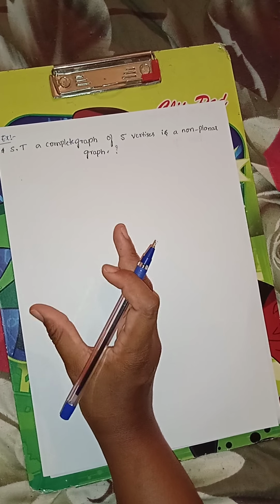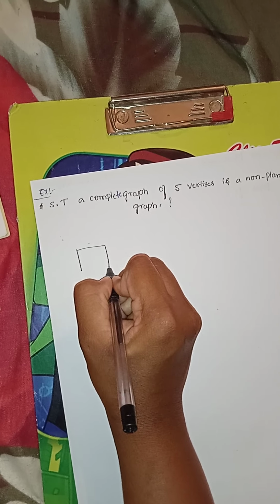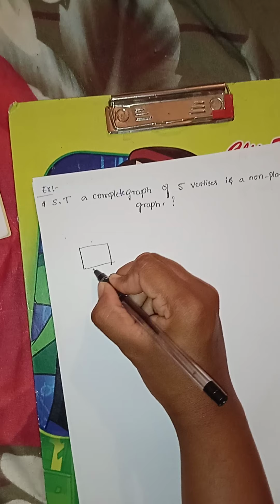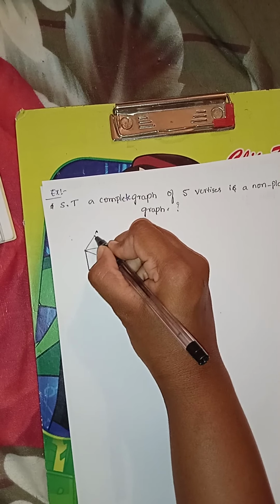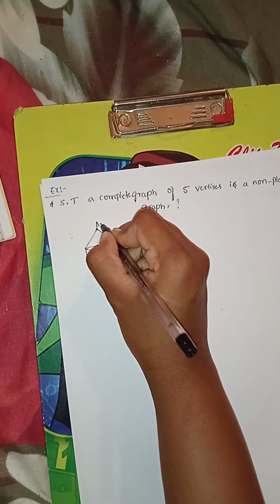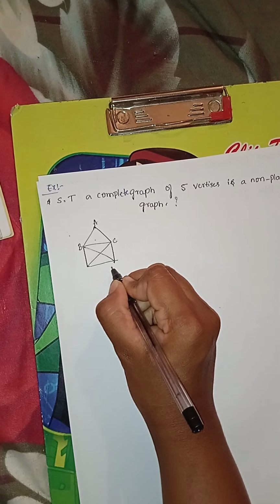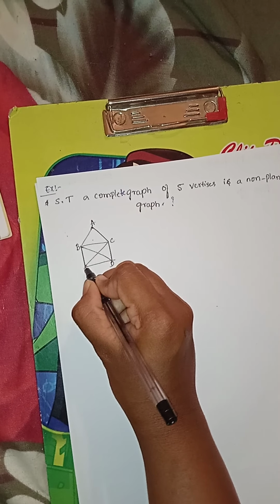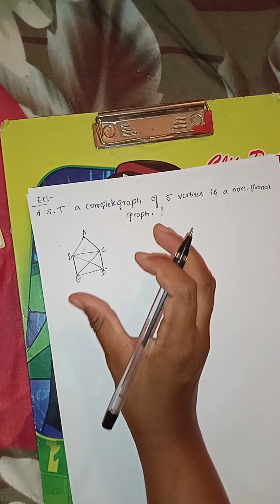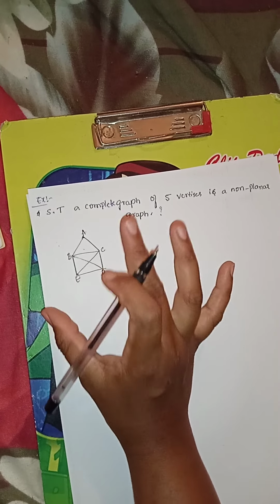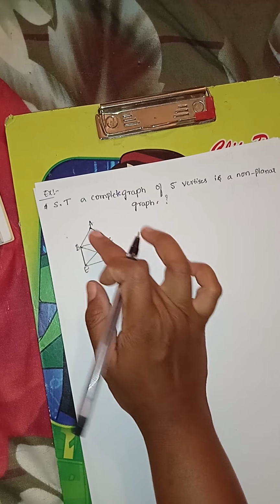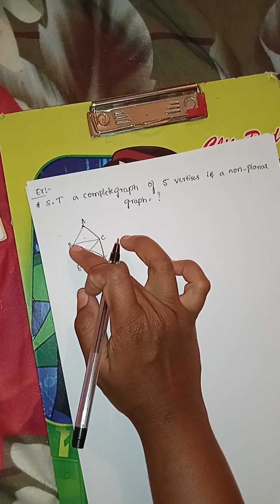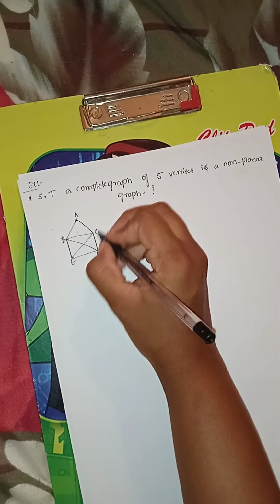Now we construct a graph with 5 vertices. This graph consists of 5 vertices. We take A and C connected by an edge, and A and B also connected by an edge. Is this a complete graph?